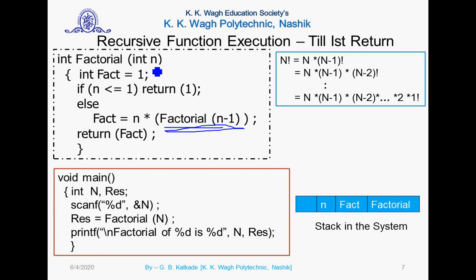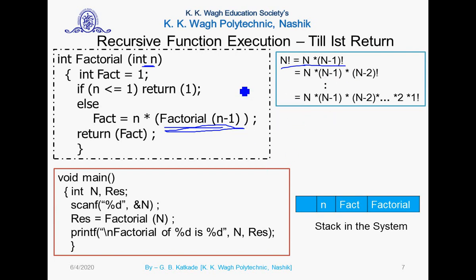We have the logic developed for a recursive function for finding a factorial. The problem is specified in terms of the solution, the solution specified in terms of the problem itself, that n factorial is equal to n into (n-1) factorial.